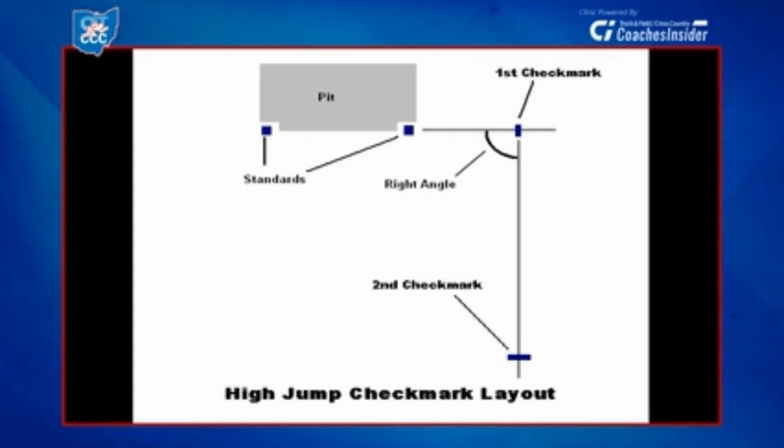If you were just to measure out and then measure back, you might be close, but you would never know for sure if this angle here was indeed 90 degrees. So a triangulation system of some type enables us to make sure that we're not making small errors as we lay out the approach. So this triangulation system is really necessary.